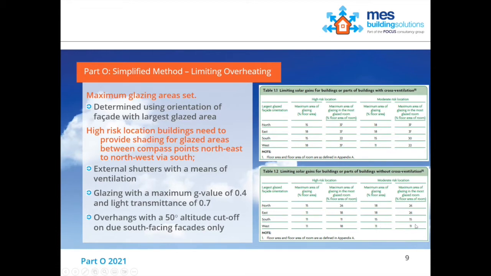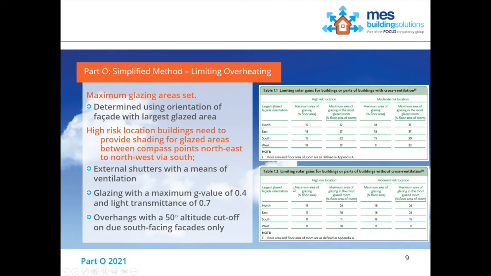We are allowed a little bit of leeway potentially to put more glass in one room. So, for example, in our flat, if we wanted to have a large French window in the living room, we can have that for certain orientations. We're allowed to have a little bit more glazing in some of those areas.